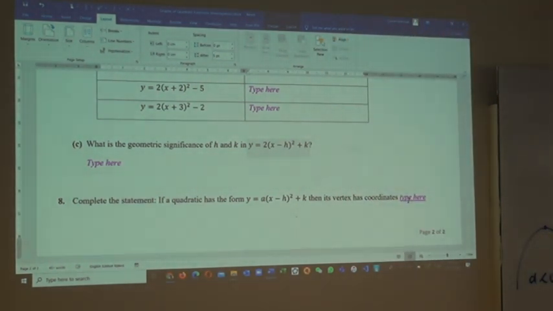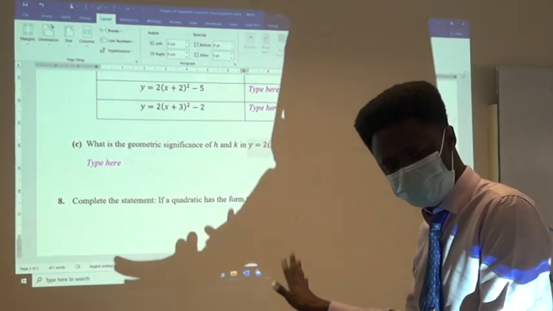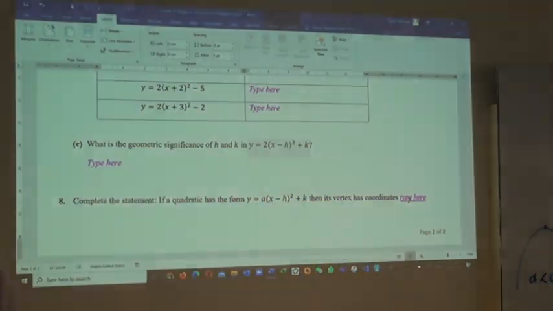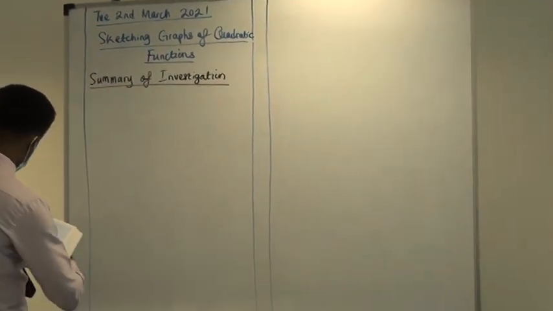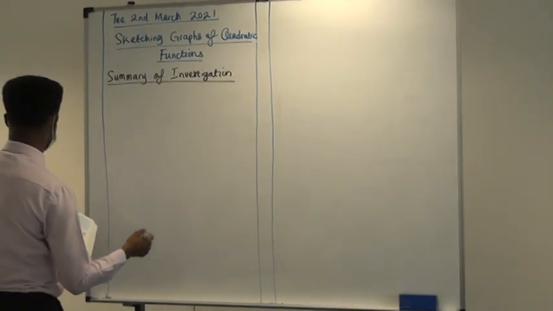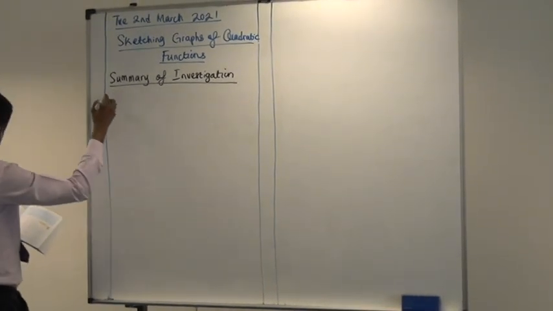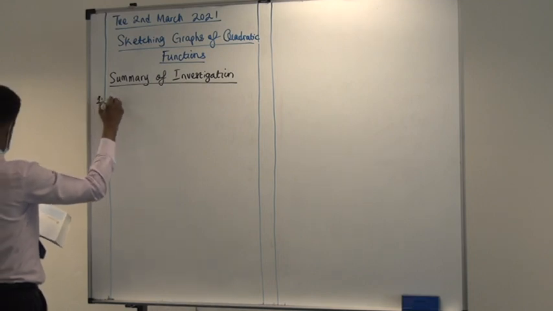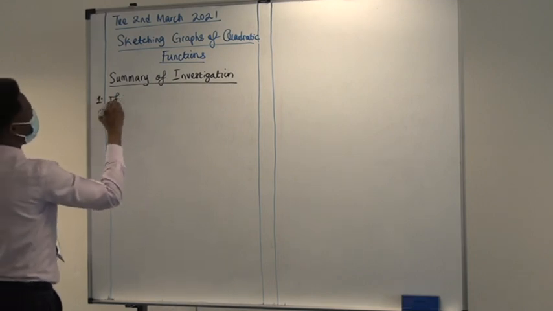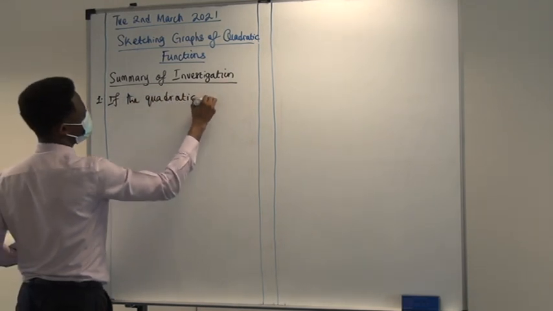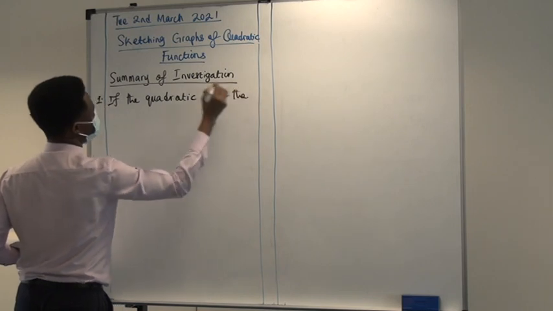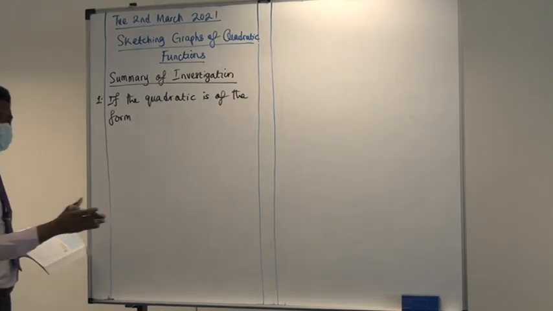Anyway, now, that's the summary of the investigation. Now let's summarize it in a table and how it can help us to sketch a graph. Okay? So this is in three forms. So please write. If the quadratic is, so it's not just the summary from the investigation.